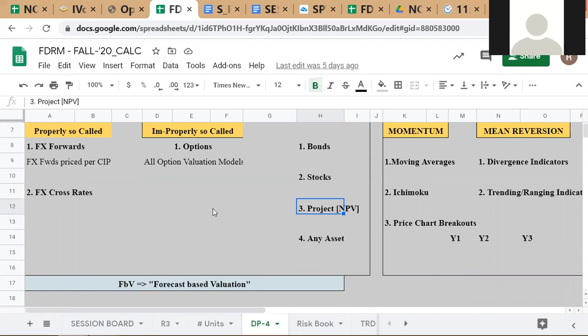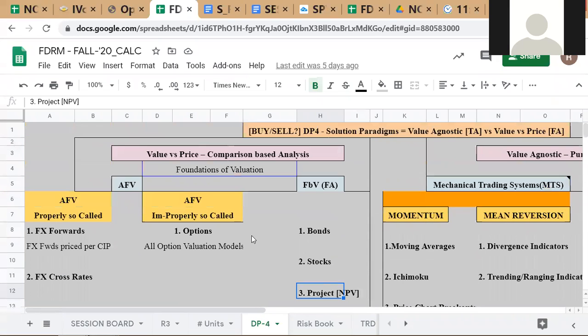And if you're dealing with a real life project, there's no way to tell in advance whose estimates are correct, whose NPV is correct. You'll only find out eventually, after several years have elapsed and you see what actually happens to the project. Then you'll find out whose NPV estimate was closest to reality. So in advance, ex ante, there's no way to figure it out.